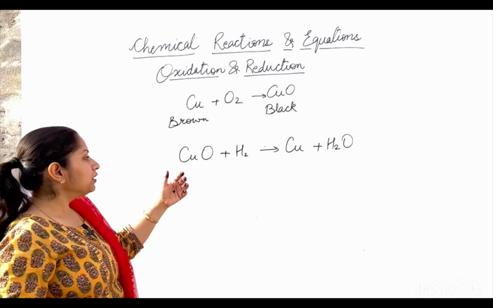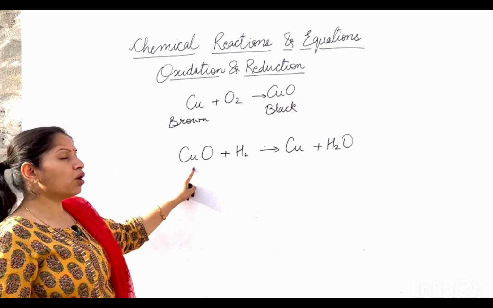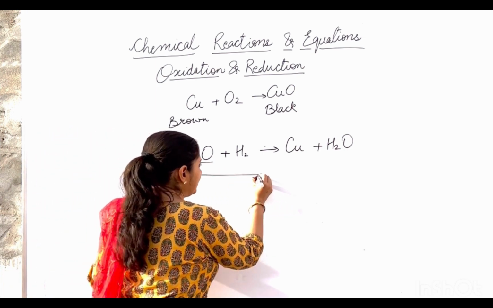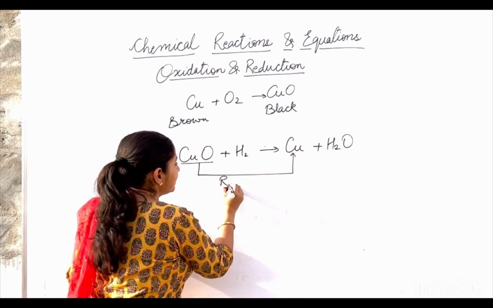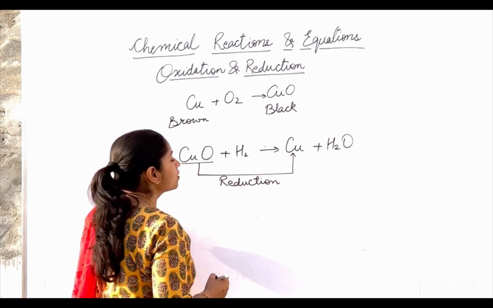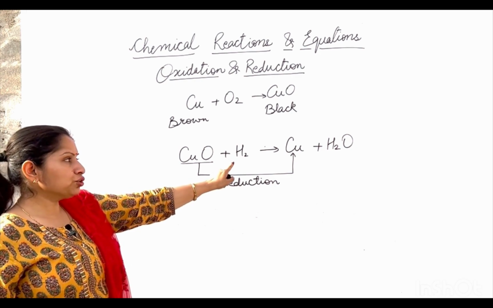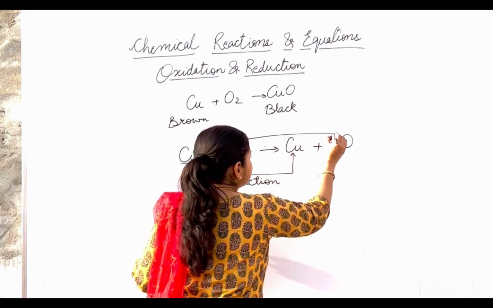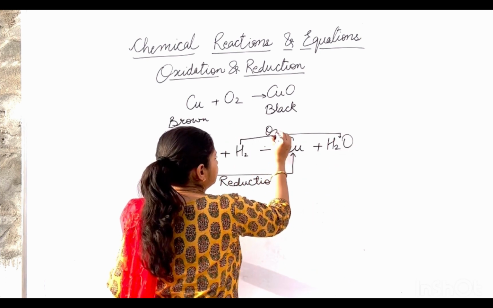Now, in this reaction, there is removal of oxygen from copper oxide. So, there is reduction of copper oxide. And there is addition of oxygen to hydrogen. So, there is oxidation of hydrogen.